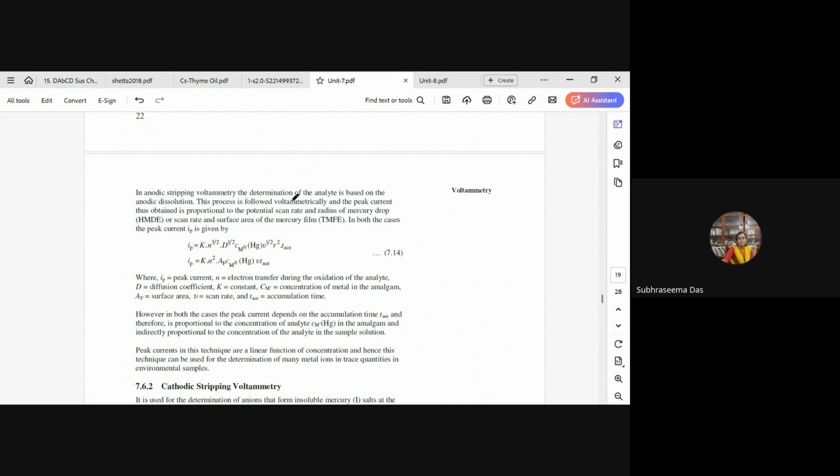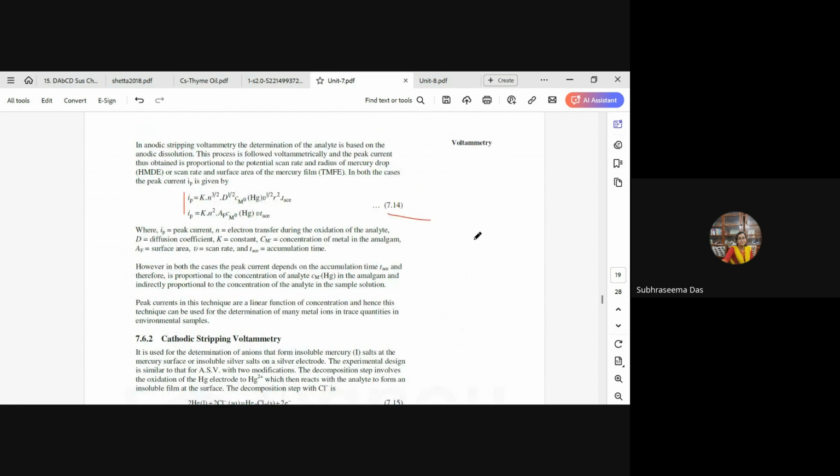So in both cases, the peak current is given by the two equations represented in equation 7.14, where IP is the peak current, N is the number of electrons during the transfer process, D is the diffusion constant, K is the constant, Cm is the concentration of the metal in the amalgam, A is the surface area, and U is the scan rate, where T-ACC represents the accumulation time.